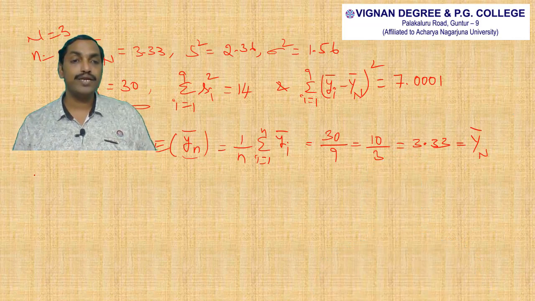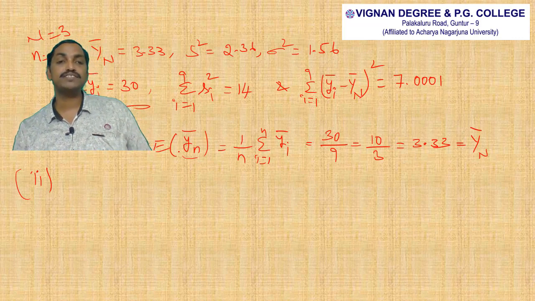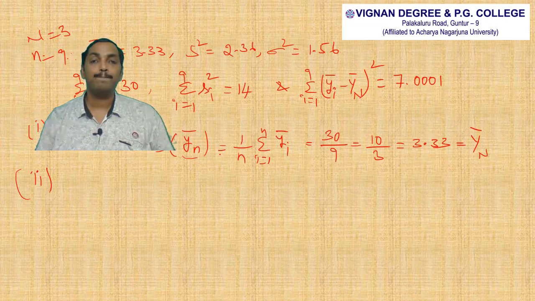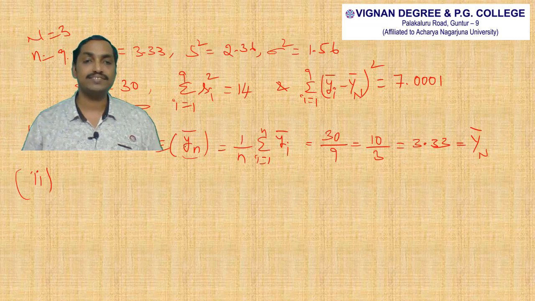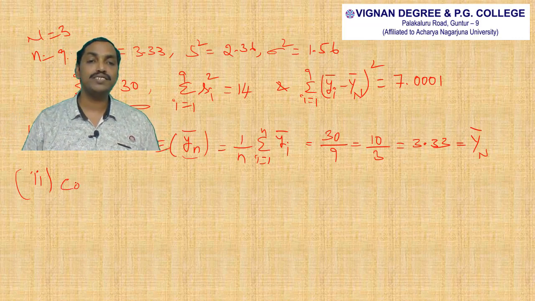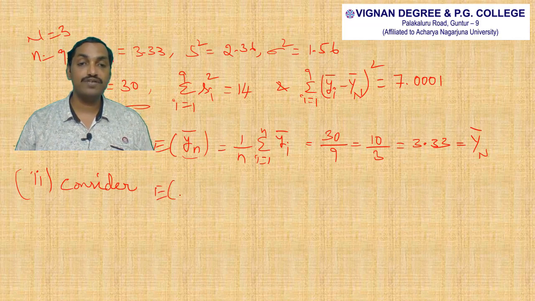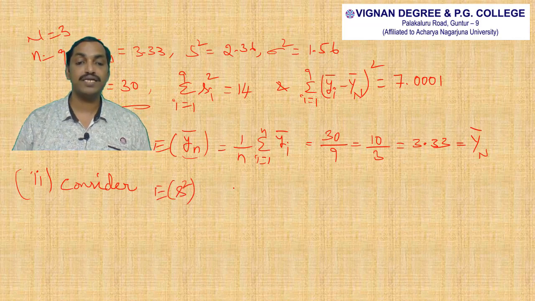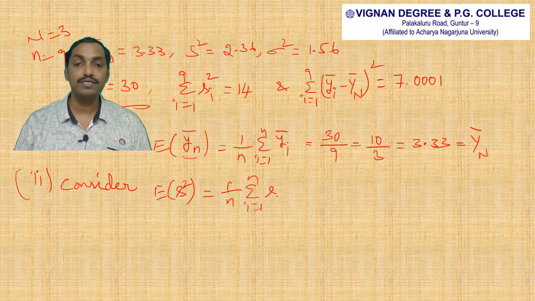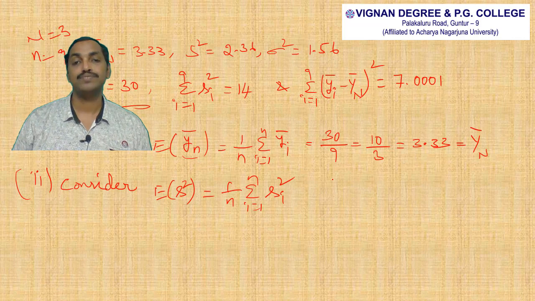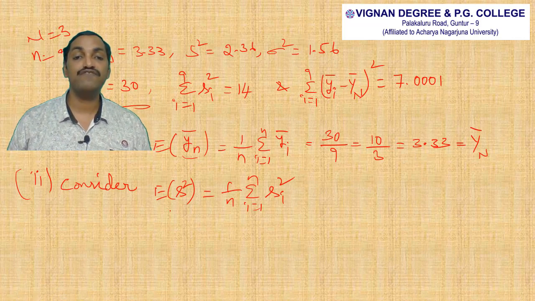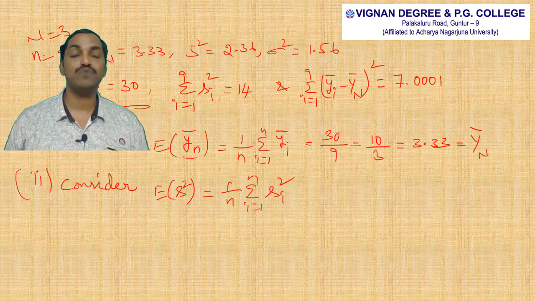And in the second point, we need to verify that the sample mean square is an unbiased estimator of population variance. So we need to consider the expected value of small s square. That is nothing but 1 by small n into summation i is equal to 1 to n small si square. That means the average of the sample mean squares.